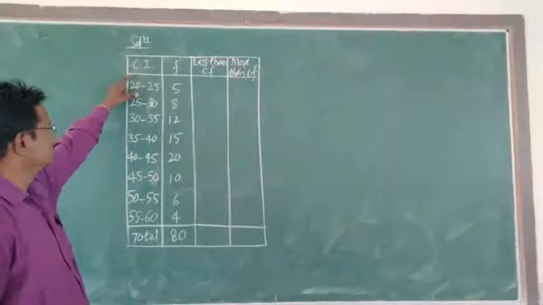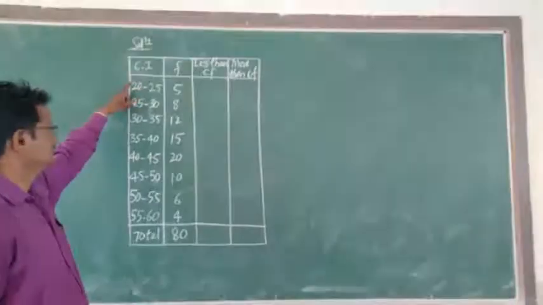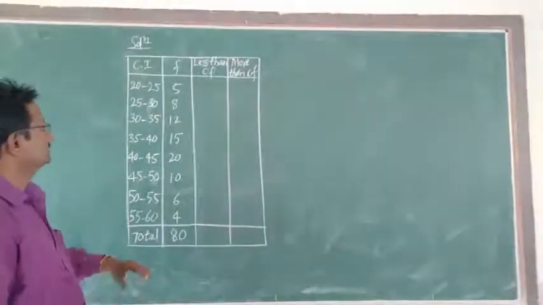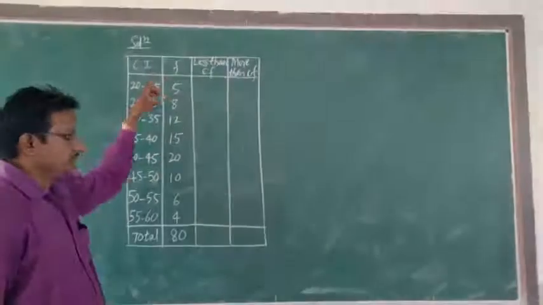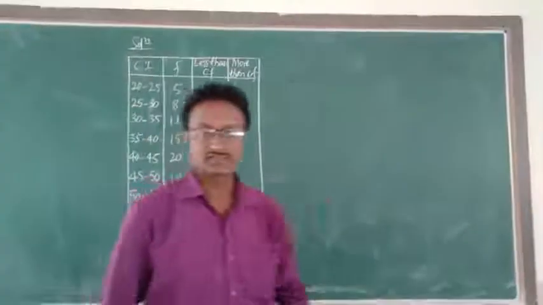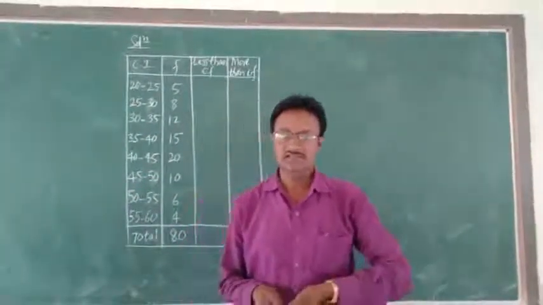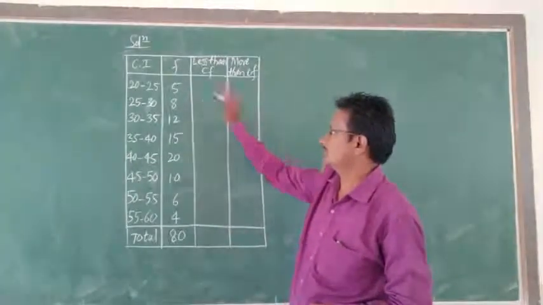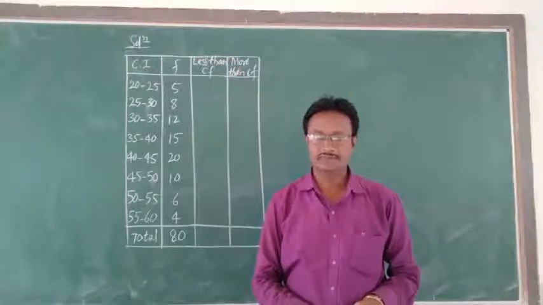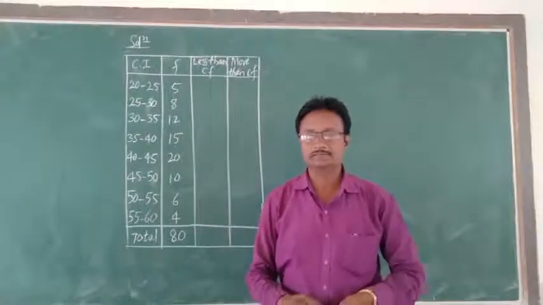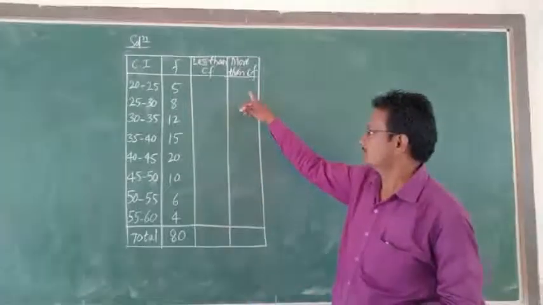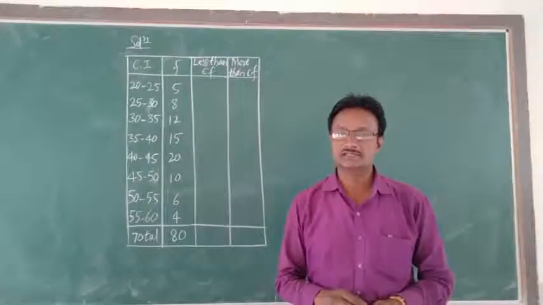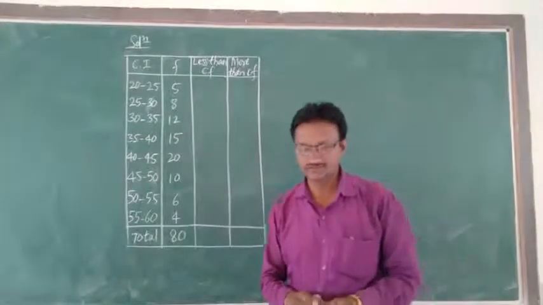One is for class interval, and this is for weekly wages. Next, for frequency, number of workers, that means it indicates frequency. And in next column we have to calculate less than CF, that is cumulative frequency, and in fourth column we are calculating more than CF, that is more than cumulative frequencies.